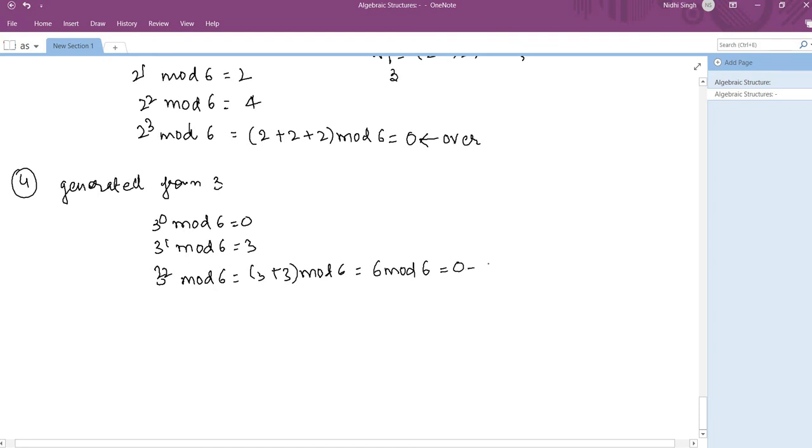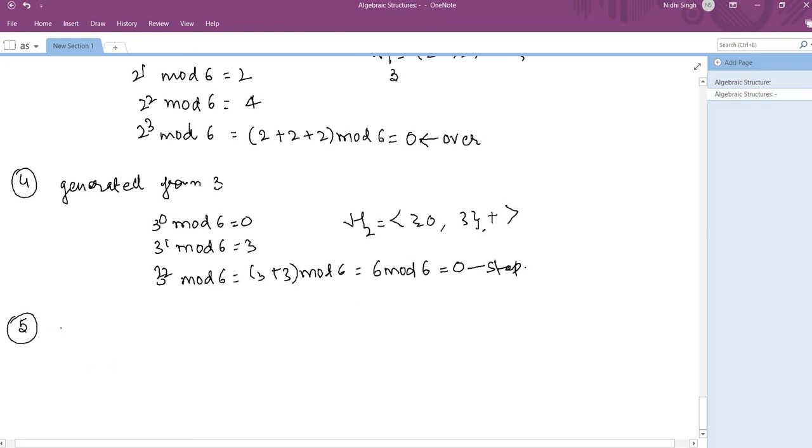So there is a second occurrence of 0, so we have to stop. And how many elements will it generate? That's 2 elements. So H and the number of elements. What are those elements? That is 0 and 3. And the operation is addition.